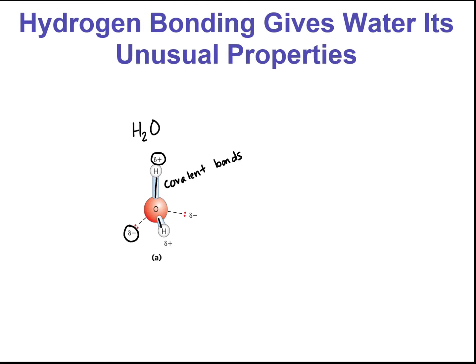So water is made of hydrogen and oxygen. They're covalently bonded, and it is a polar molecule, meaning that the electrons are not shared equally between the oxygen and the hydrogen.